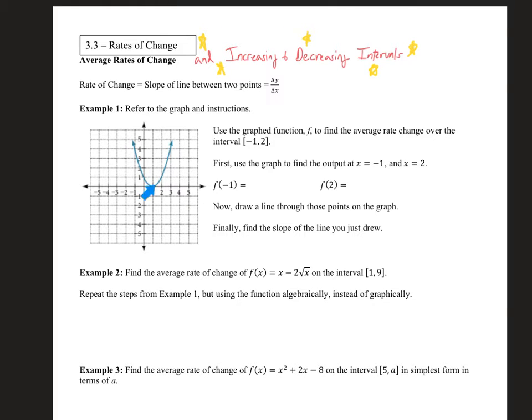So if I'm looking at how does the curve change from this point to this point on average, or how does it change from this point to this point on average, we can think about the line between those 2 points. Again, just getting an idea of how things are changing, though it may not be very exact.